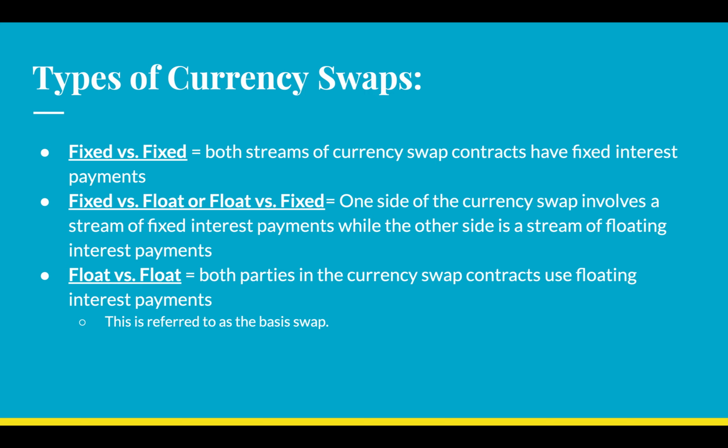This type means that one side of the currency swap involves a stream of fixed interest payments, while the other side is a stream of floating interest payments. The third type is a float versus float currency swap, which means both parties use floating interest payments. The float versus float currency swap is referred to as the basic swap.